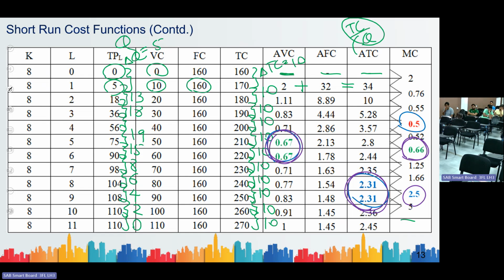At the minimum point of ABC, MC passes through. At the minimum point of ATC, MC passes through it. Therefore, at the minimum point of ABC, MC is equal to that. At the minimum point of ATC, MC is equal to that. So these calculations are in line with our graphical representations.